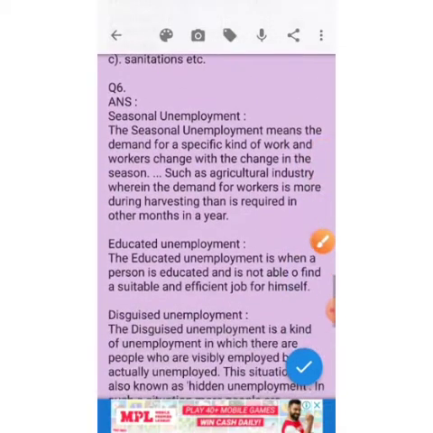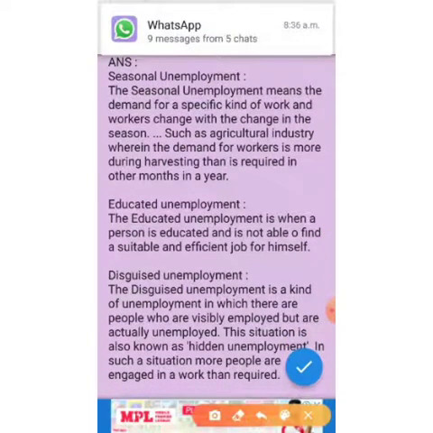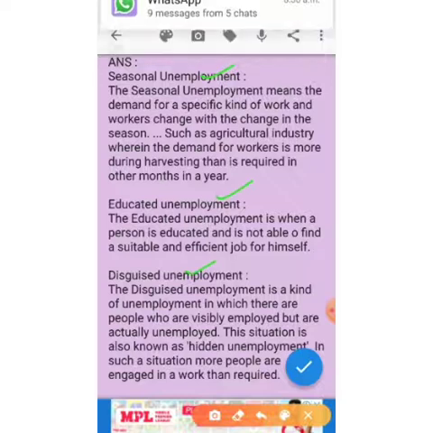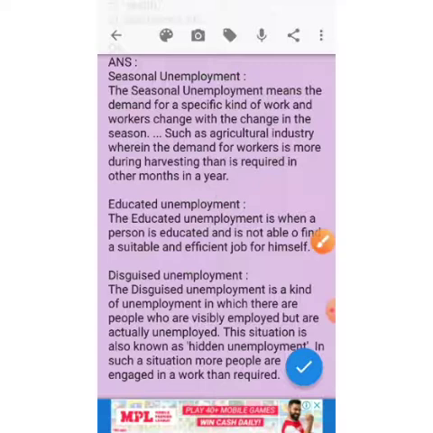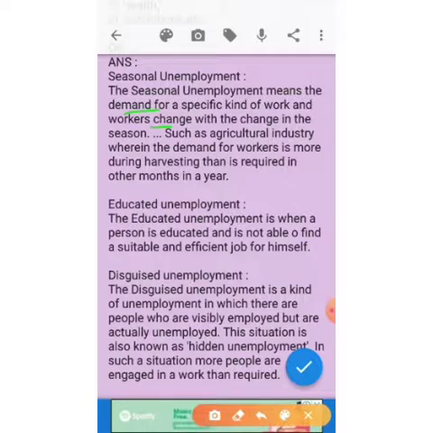Your next question is differentiate among seasonal unemployment, educated unemployment, and disguised unemployment. So I'm showing this. Seasonal unemployment means that demand for a specific kind of work and workers changes with the change in the season, such as in the agriculture industry, wherein the demand for workers is more during harvesting than is required in the other months of the year. Second is educated unemployment.